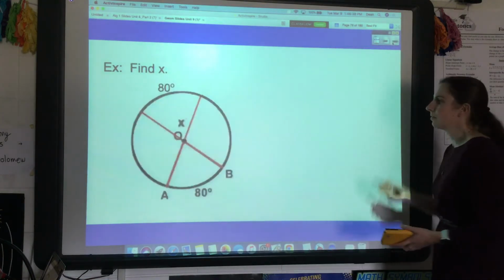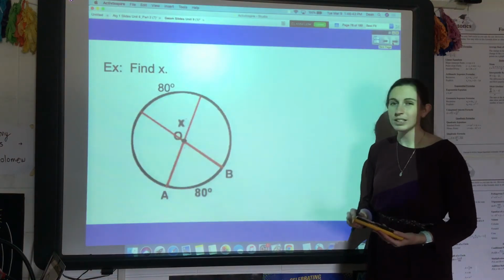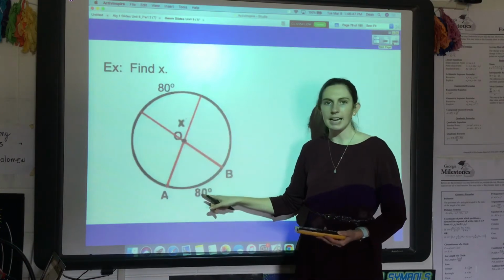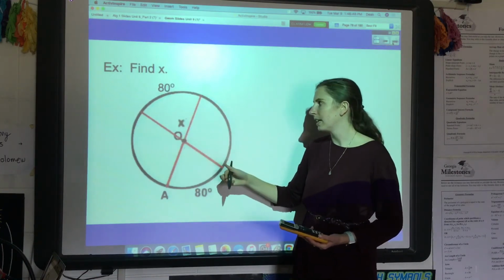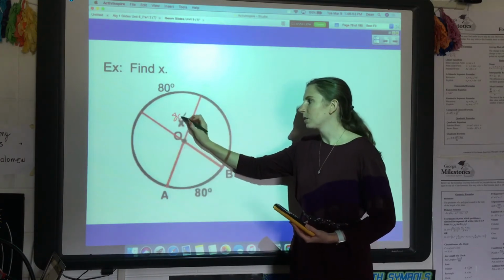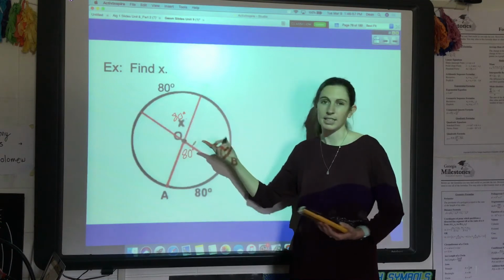Let's try another one. I want to find angle x. Notice that on this one, if I average 80 and 80, I just get 80. 80 plus 80 would be 160, and then divided by 2, it's 80. So that tells me, not only is this 80, but that's actually the center.